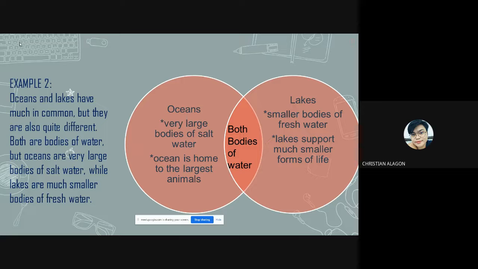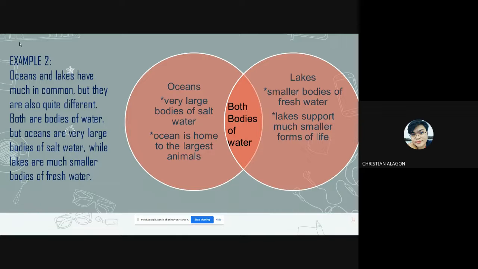On the other hand, the lake is a smaller body of fresh water and supports much smaller forms of life. And their similarities, in the middle, is that they are both bodies of water. So that is comparison and contrast.